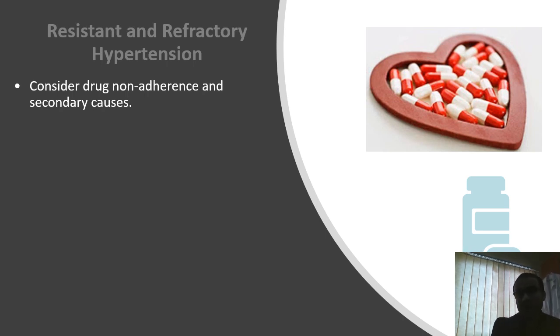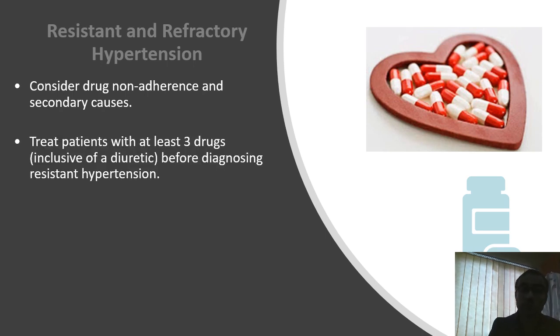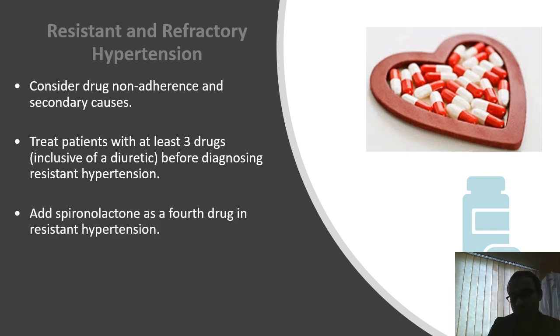In this category, it is advised to look for potential non-adherence or secondary causes. Treat patients with at least 3 drugs, including a diuretic, before you make the diagnosis or mark this patient as having resistant hypertension, as per the definition we mentioned.